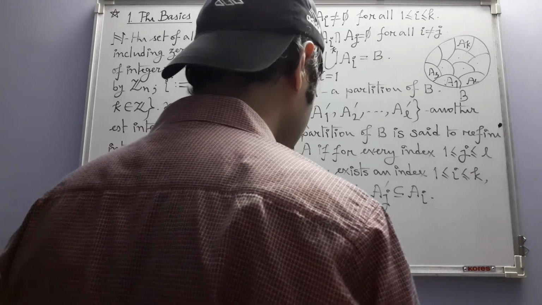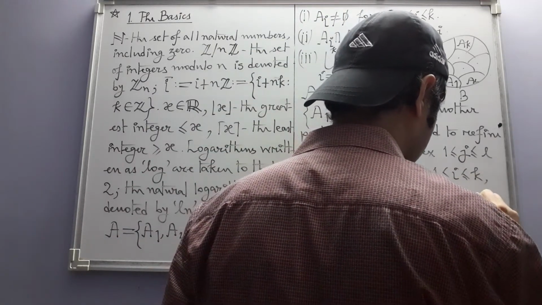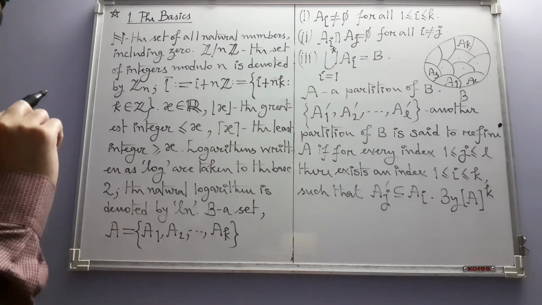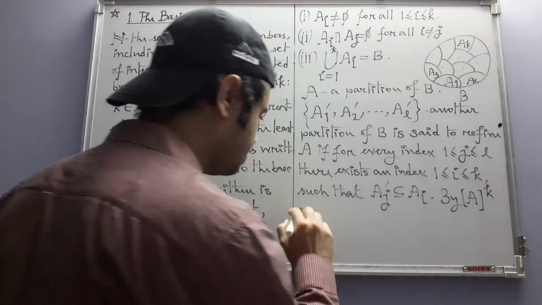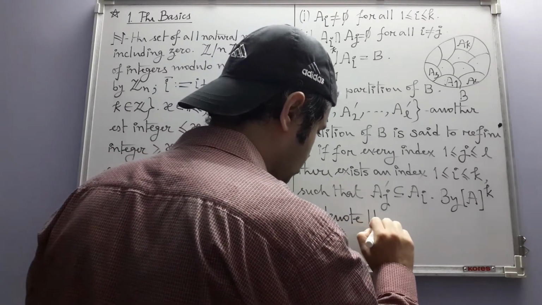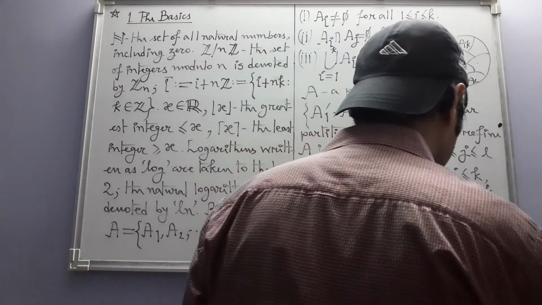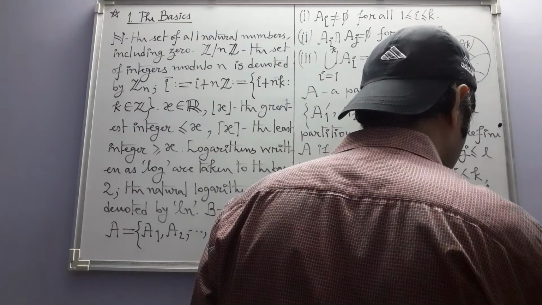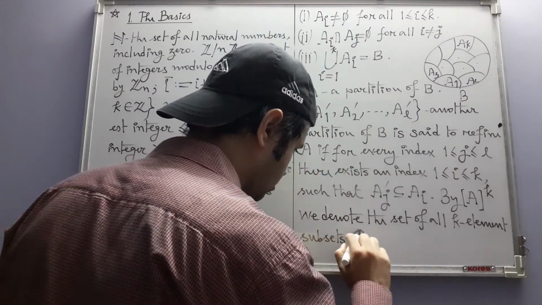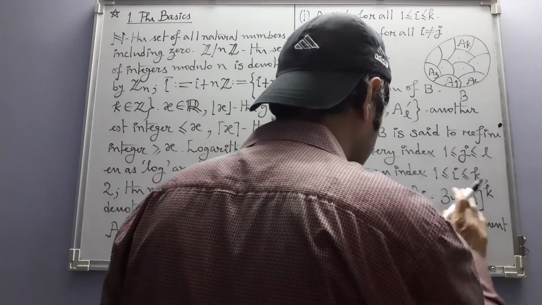Okay. Now finally, by this symbol, where A is any set and K is a non-negative integer, we denote the set of all K element subsets of A. Okay, so that's what this notation denotes.